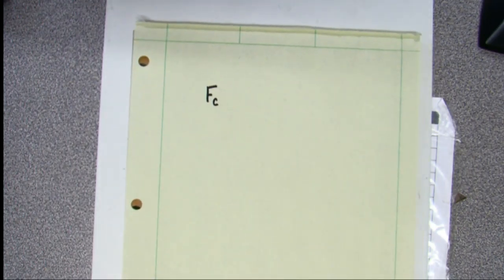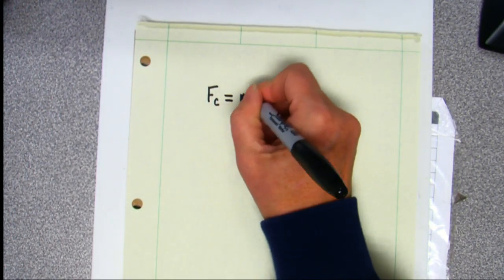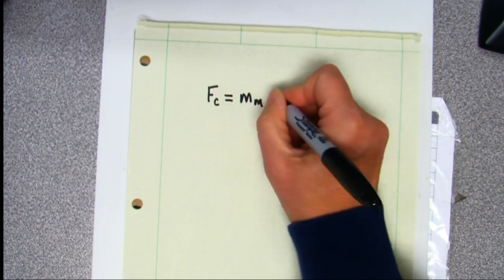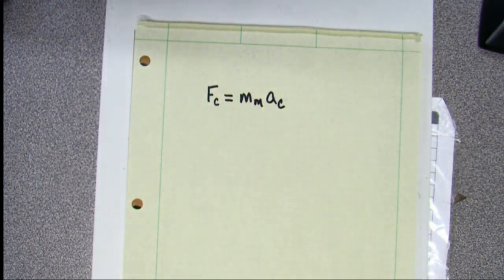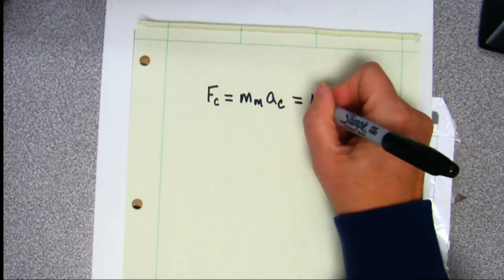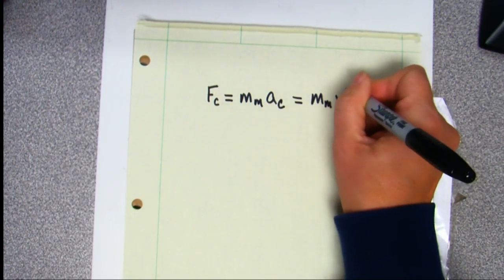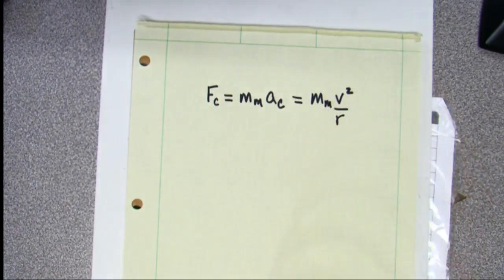So if I have my centripetal force associated with the Earth-Moon system, this was going to be the mass of the moon times my centripetal acceleration. And we know that centripetal acceleration is v squared over r. Okay? Let's see if I can do this without messing up too much.